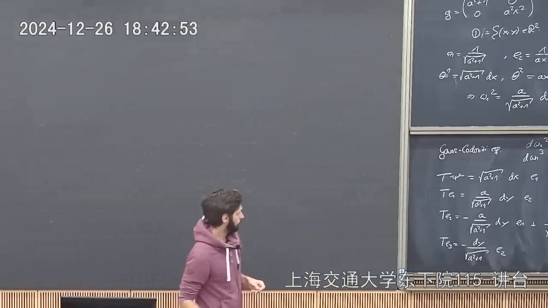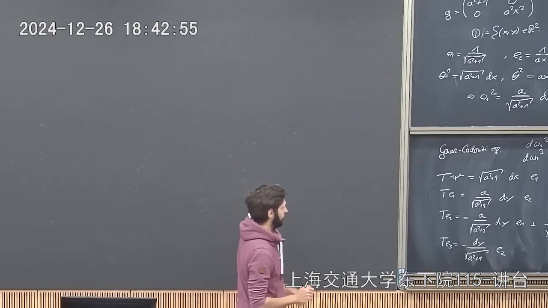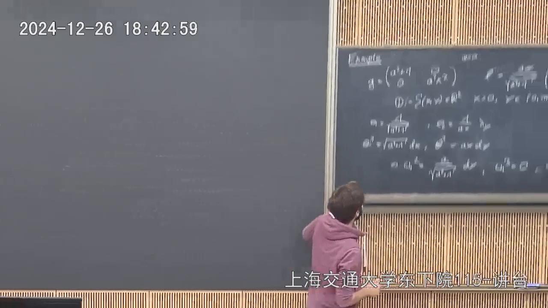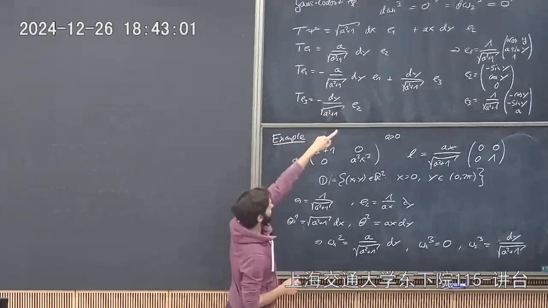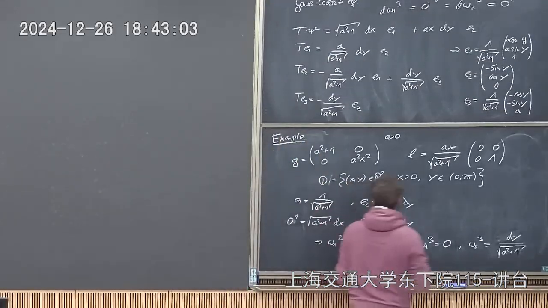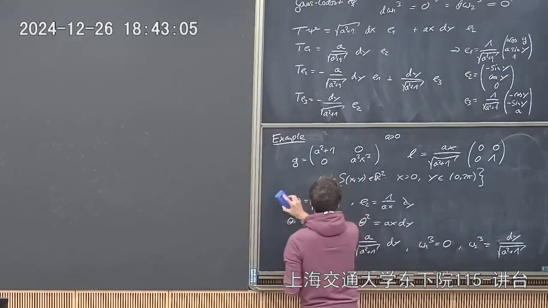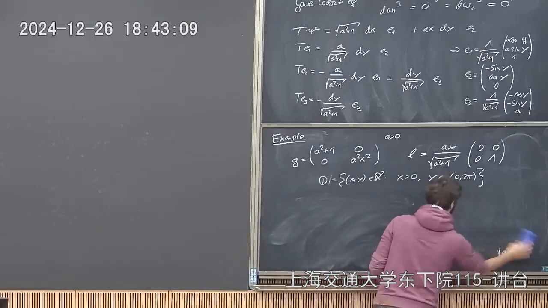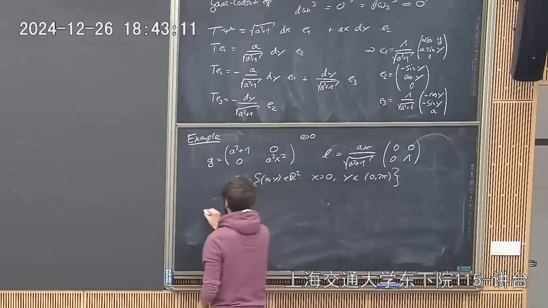So you get E1, E2 and E3, and then once you have that, you go back to your first equation, which also gives you an equation for psi, and what you end up with is the following.